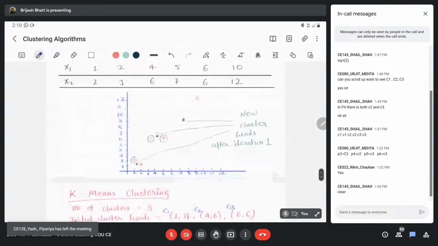Right? So these are the final clusters, which I showed through the purple line, which we get through this algorithm.